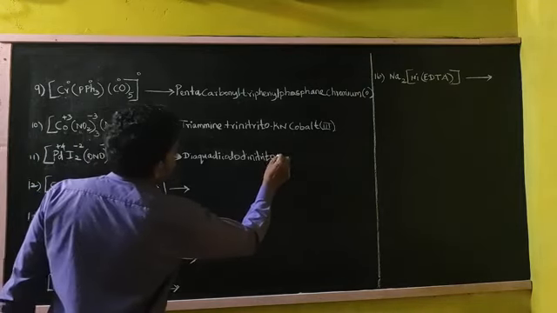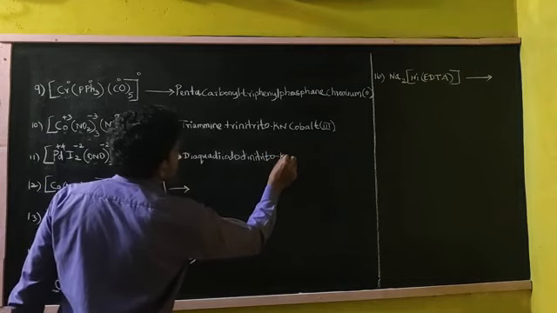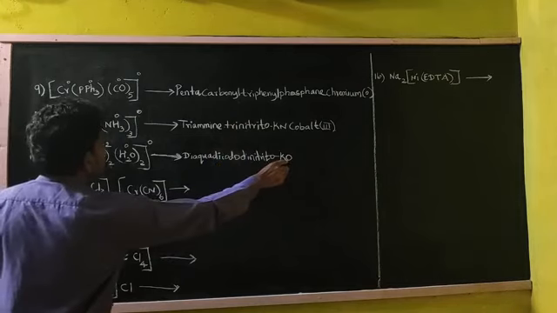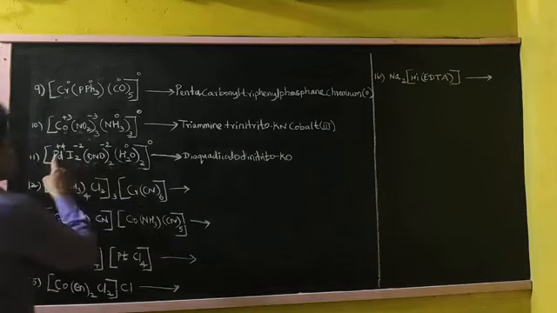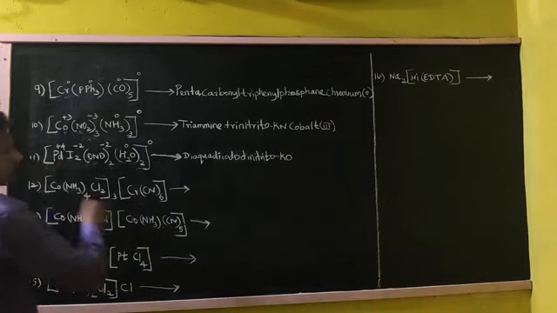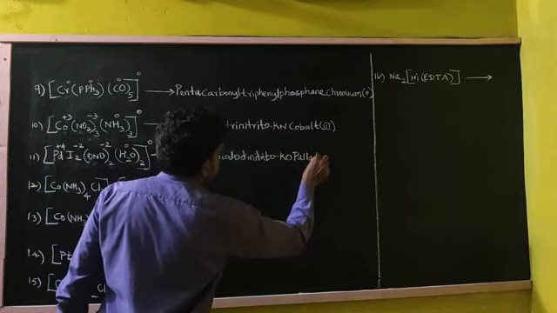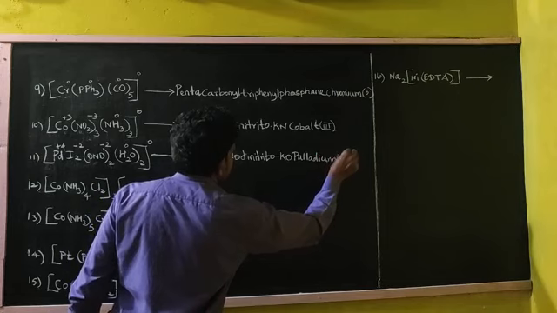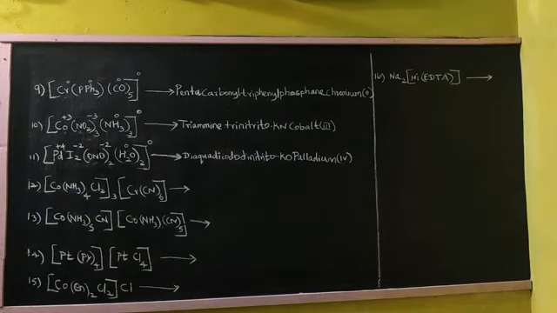Then hyphen, the ambidentate ligand nitrito. Okay, we can mention it. The coordinate bond comes from oxygen, so oxygen O. Next, palladium. Palladium oxidation state plus 4. We can mention it with the Roman numeral, right?